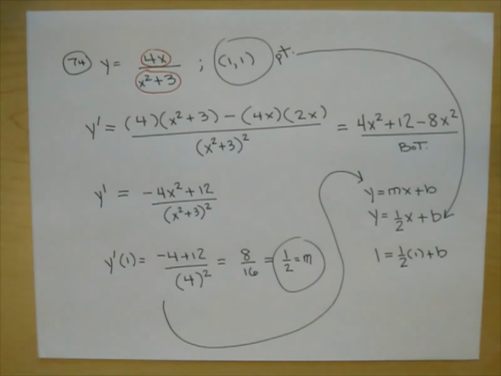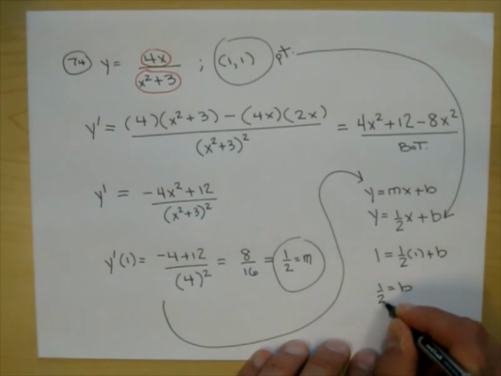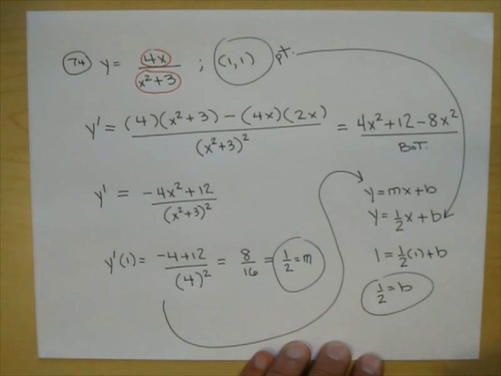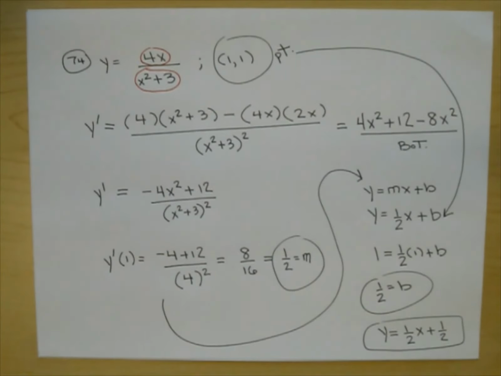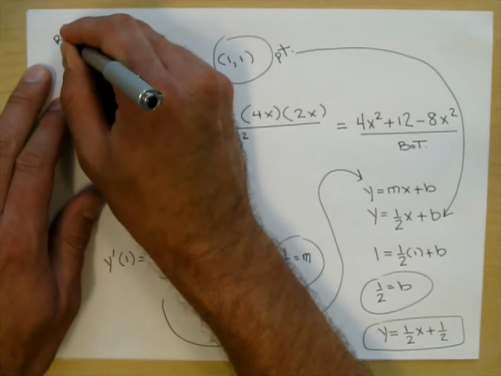And you can solve for b, and what you would end up getting for b, 1 minus 1/2, is 1/2. So my tangent line is y equals 1/2 x plus 1/2. And that completes problem number 74 from, I believe, the review exercises.